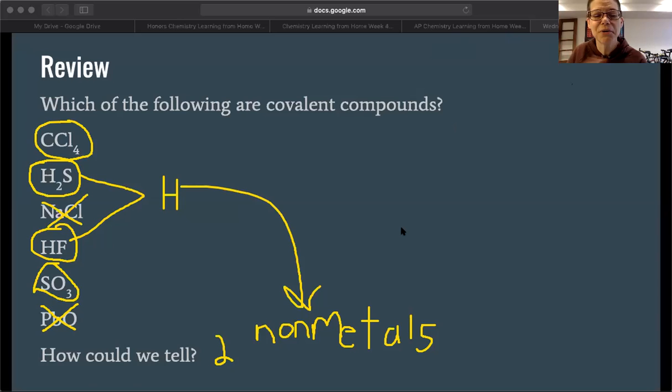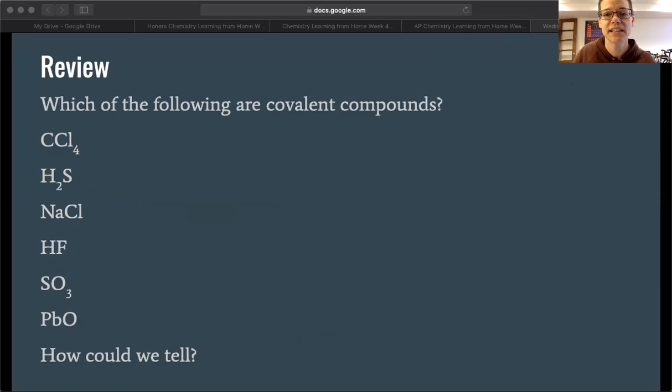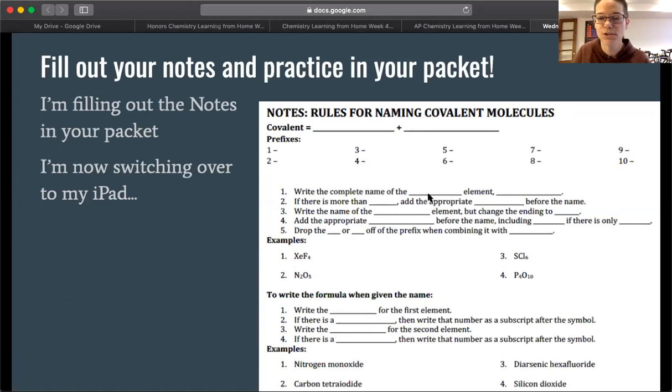So what Noelle is going through is based off of the video. So I'm gonna go ahead and clear this, and let's get to those notes. This is the page I'm about to go over in the packet. It's about halfway through the packet.